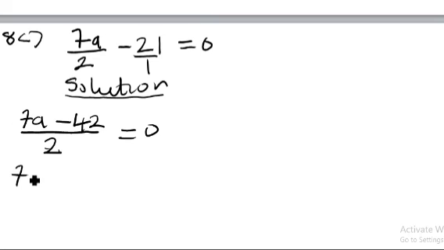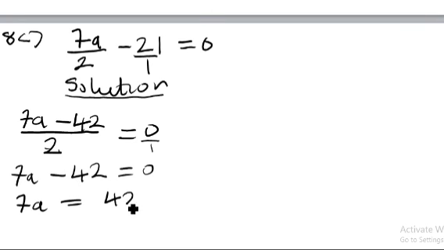I have 7a minus 42 equal to 0. When you cross multiply this, 2 multiplied by 0 is 0. So 7a equal to 42. Therefore a equal to 42 over 7, which is equal to 6.